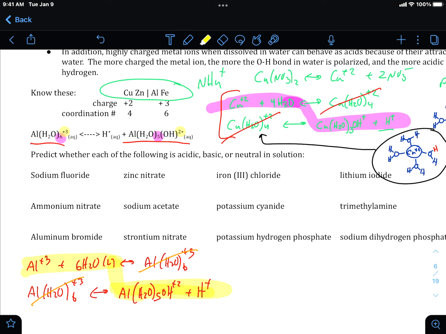Stop, take a look at that, see if that makes sense to you. One of the waters breaks, releasing an H plus, and that is why it is acidic.